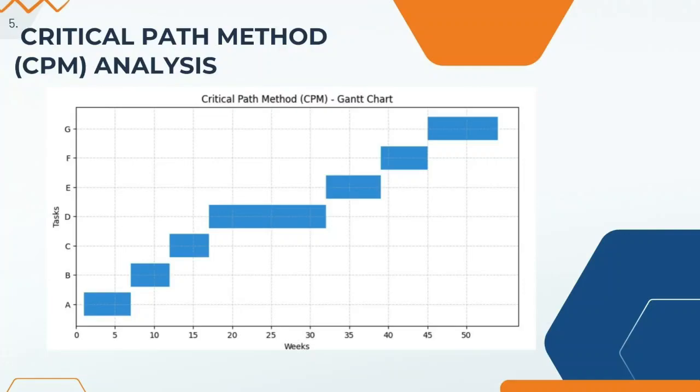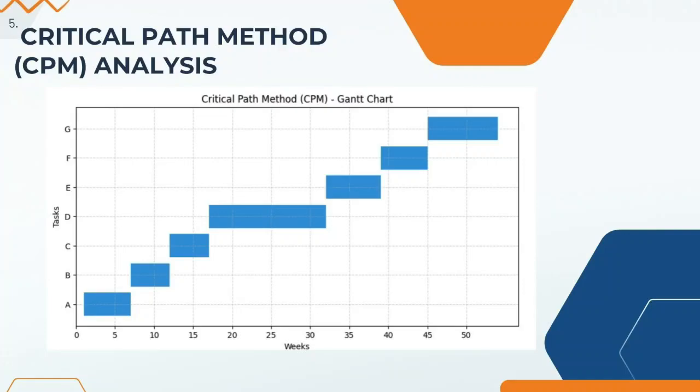Here, tasks A through G, covering requirements analysis to final handover, form the critical path, totaling 53 weeks or roughly 12 months. Each task, like system design 5 weeks and development 15 weeks, has zero float, meaning any delay here directly impacts our end date. We've highlighted this path to emphasize its importance.